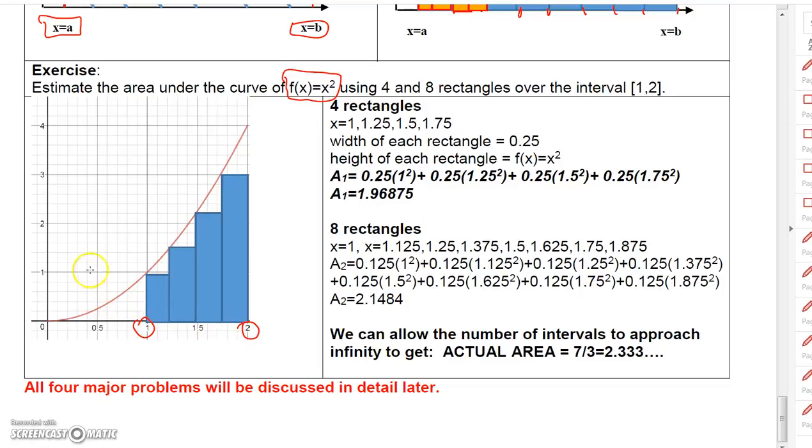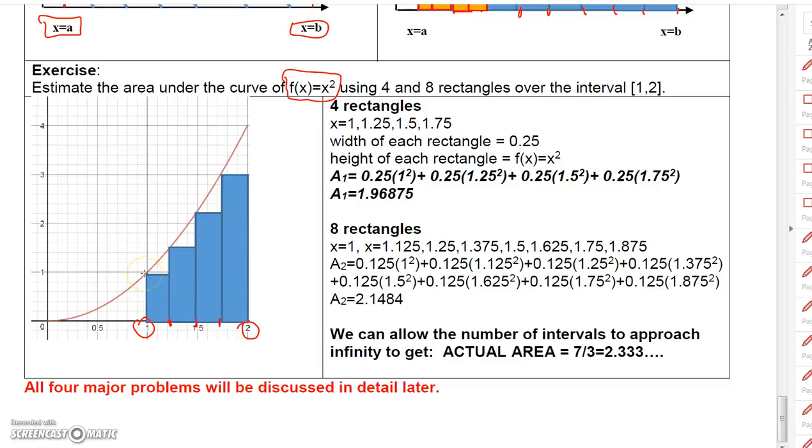Notice I've created 4 rectangles of equal width. If you create 4 rectangles going from 1 to 2, one would stop at 1.25, the next one would stop at 1.5, the next one would stop at 1.75, and the last one would stop at 2.